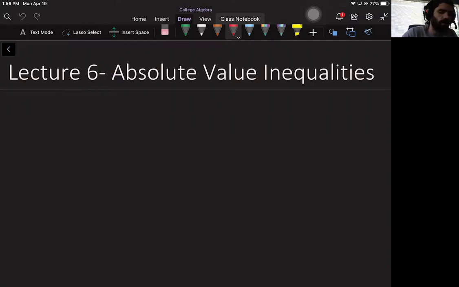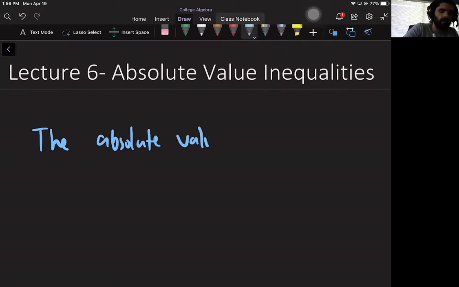So first off, what is the absolute value? And then, whoops, let's use a more friendly color. The absolute value. So you may have heard this before or seen this before, but let's remind you.